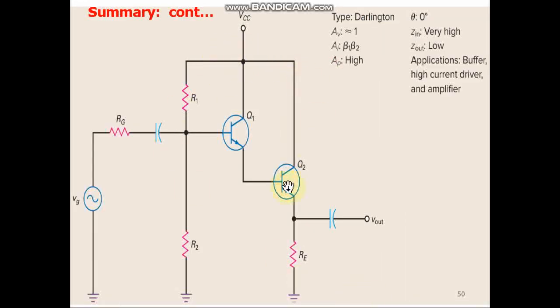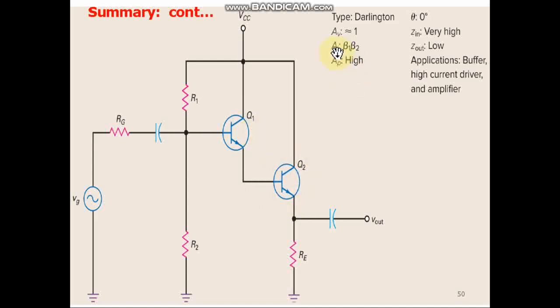The last combination is your Darlington pair connection. In the Darlington pair connection, we know your voltage gain is 1 because it has only 2 CC amplifiers, and we know that a CC amplifier has voltage gain 1. So 1 into 1 will be 1. But the current gain for this transistor is beta 1, for this transistor beta 2.